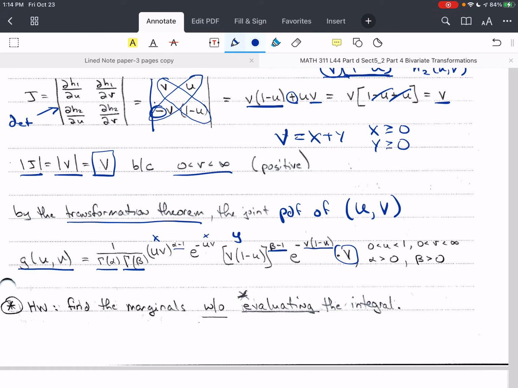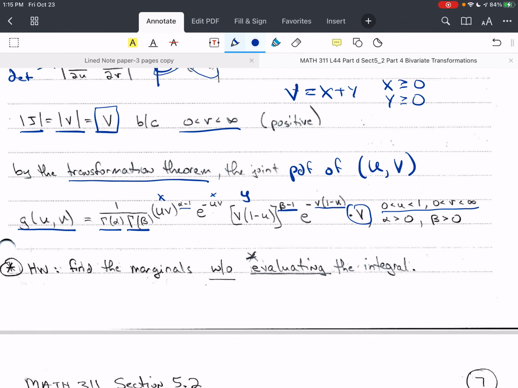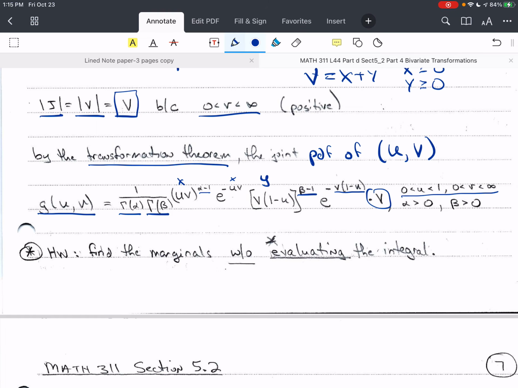Okay? And so we now look at the joint range of u and v, and this is a little more involved. So there's a couple of ways to do this. I could say x is between 0 and infinity.